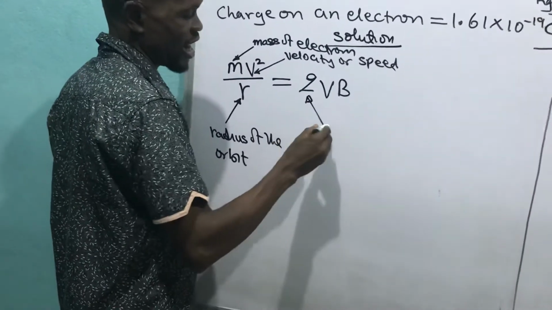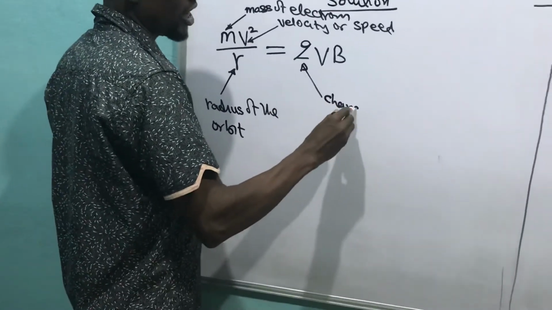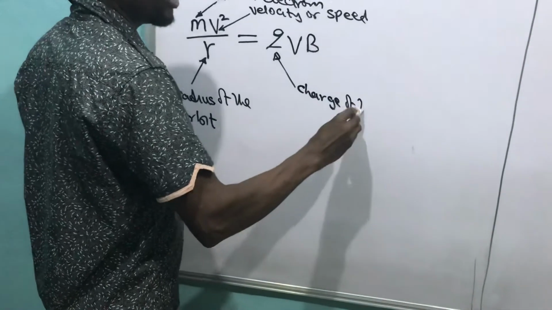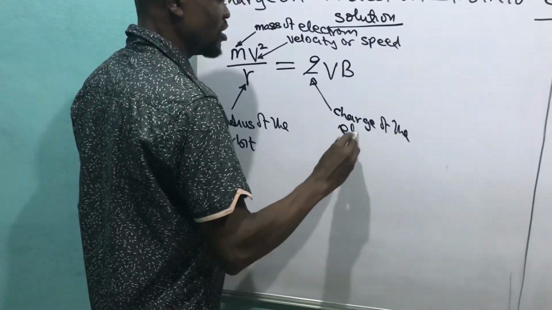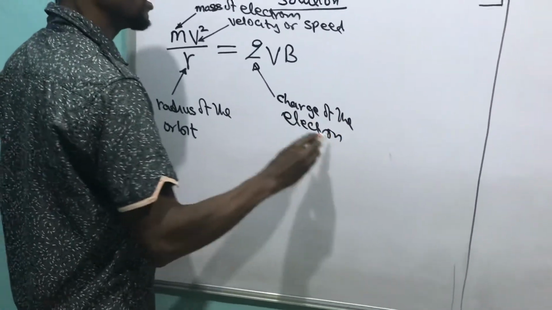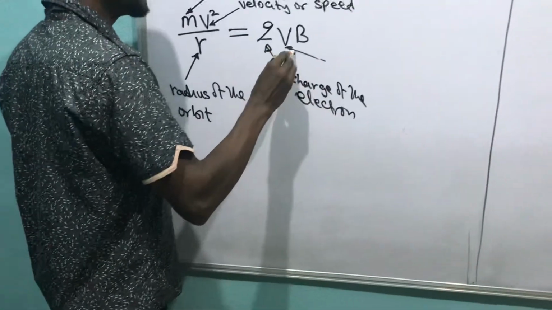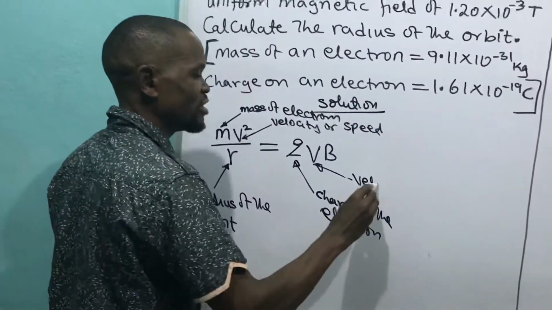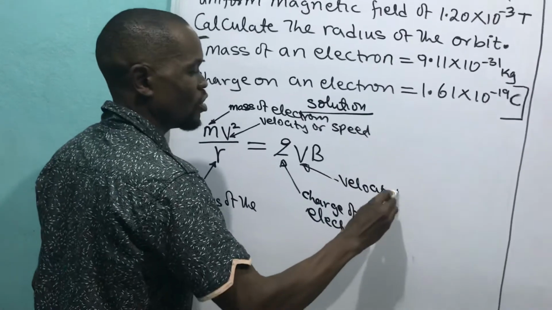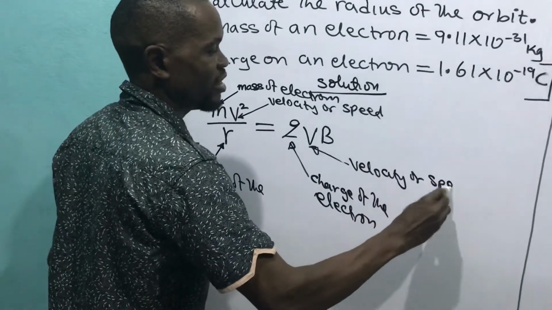This is the charge of the electron, q. This is the velocity of the electron, or speed of the electron.